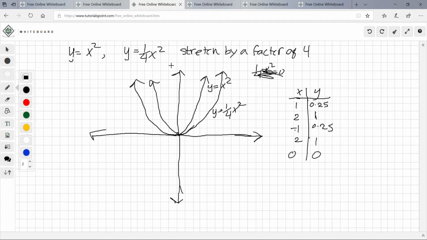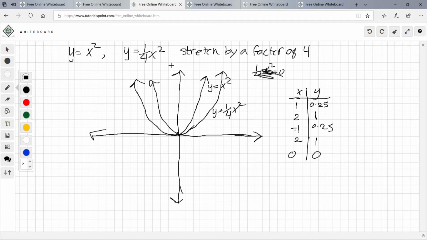And this only applies for absolute value and parabolas, since a parabola is a quadratic, so it's a little different. It's different from the square root graph and the linear equation graph.